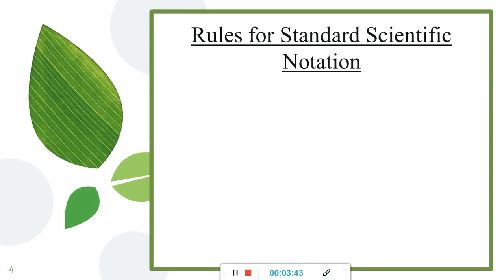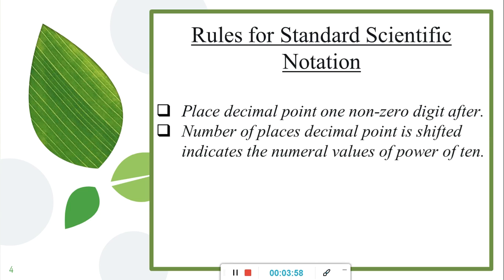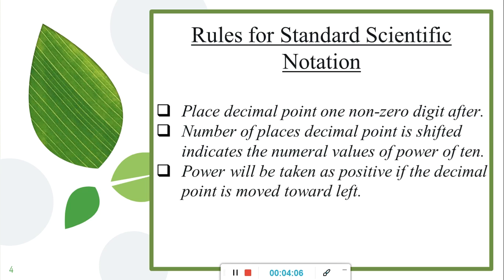If I move the decimal point 1 digit toward left, then as we see in the rules, the power will be positive if the decimal point is moved toward left. So power हमारे पास 10 का जो भी होगा वो हम पॉजिटिव लेंगे. As we have moved the decimal point by 1 digit, then the power will be 1.